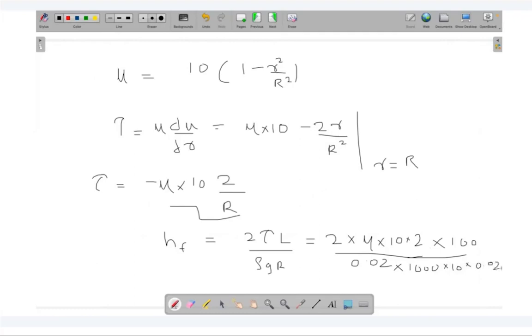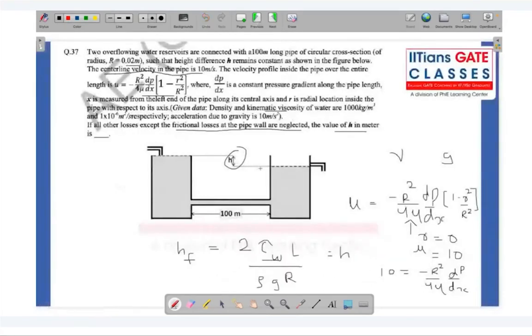Mu by rho is the kinematic viscosity, which they have given as 10 power minus 6. If you do all these calculations, you will end up with an HF value of 1 meter, telling you that this height difference is 1 meter. So this is how you solve this problem.